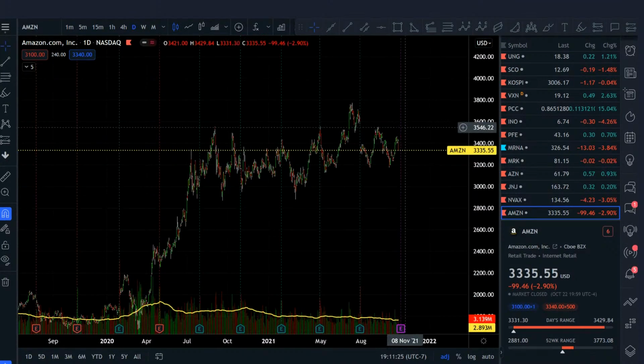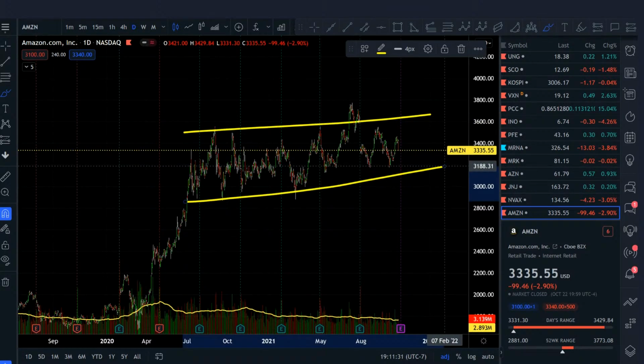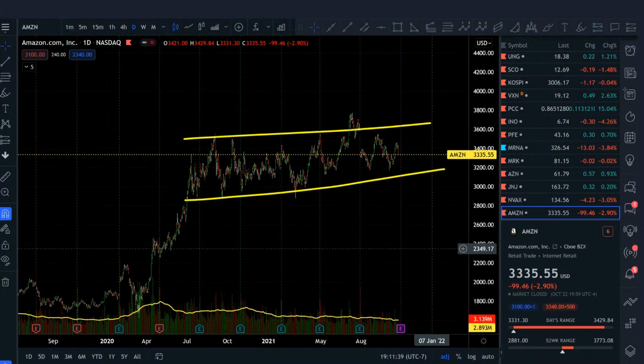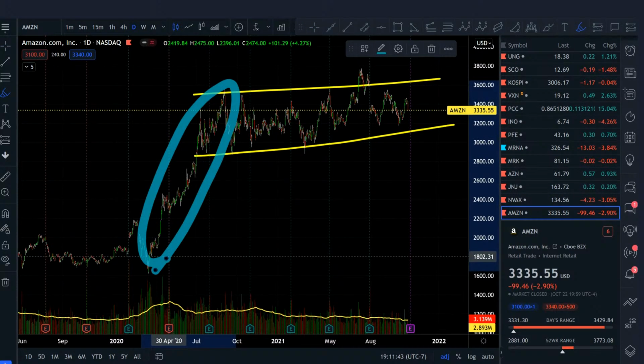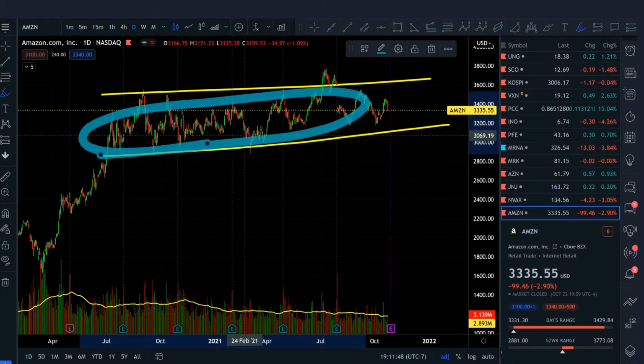Okay, so we have to know this consolidation, meaning sideways price action on a stock or crypto, means indecision and not that much growth. To me, that's still bad. A clear uptrend in the price is something like this, last year, 2020, when we're going up in the blue. Here, we're going sideways in the blue.